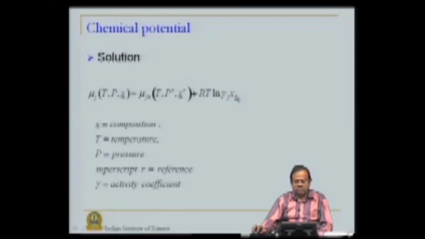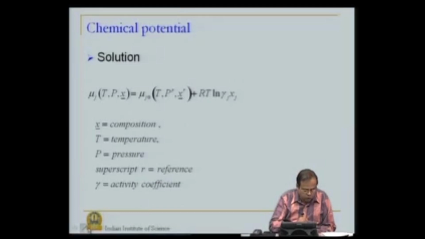In other words, we have different models depending upon how we view our solution, the reacting mixture, whether it is a perfect gas mixture, a non-ideal gas mixture, or a liquid solution and so on.